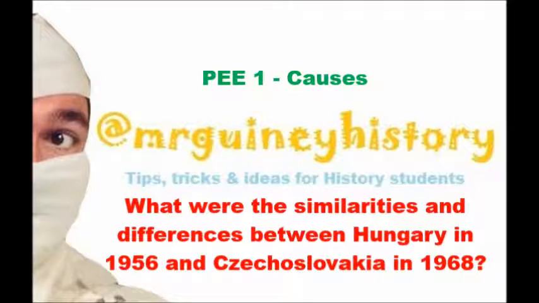Point 1. Causes could be said to be similar in both countries. Evidence to support this includes, well, both countries were communist. Hungary was led by a hardline communist called Matyas Rákosi. There was no freedom of speech, and both countries were police states.